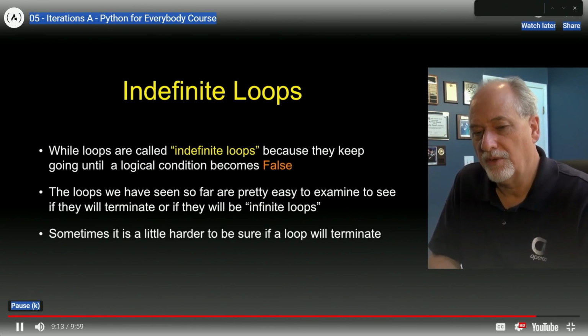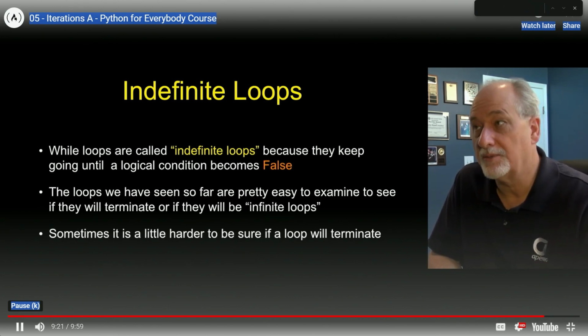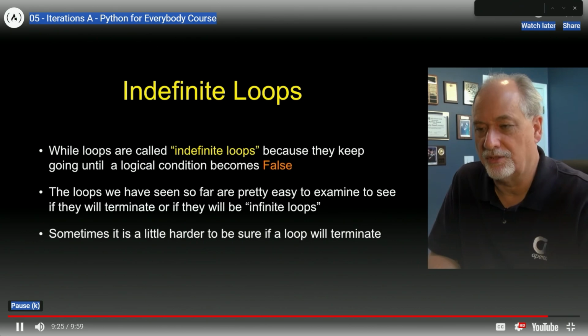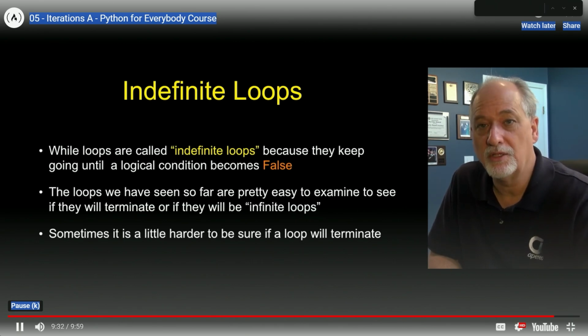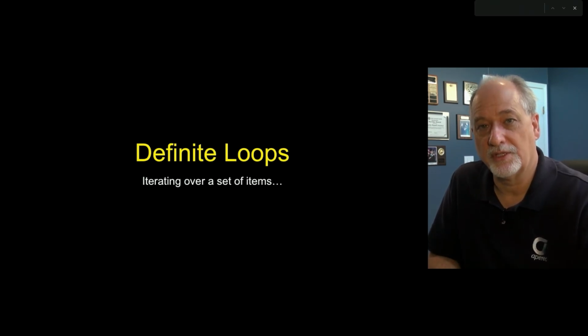All the ones we've done so far are easy to look at and know that they look pretty good and they're probably going to finish. But sometimes, if they're long and complex and their termination conditions are more complex, it's not clear that they're really going to terminate. We can use while loops for a lot of things, but for most of our looping, we're going to use what are called definite loops, and that's what we're going to talk about next.